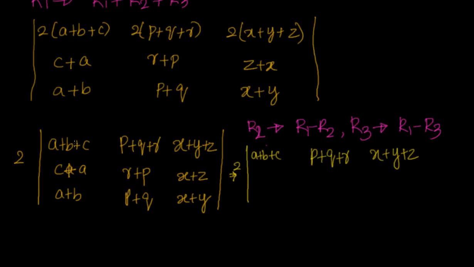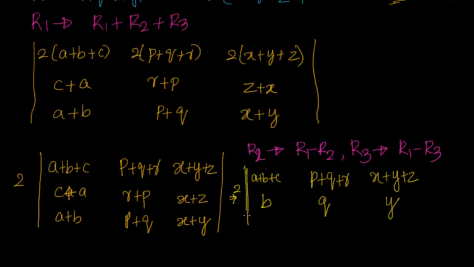But when I do R1 minus R2, I will have b here, I will have q here, and on the third column I will have y. That is what I want, b, q, y. So we are going in the right direction. Now let us apply the same thing for the third row also. R3 is assigned R1 minus R3. So I'll have c here, then r, then z.